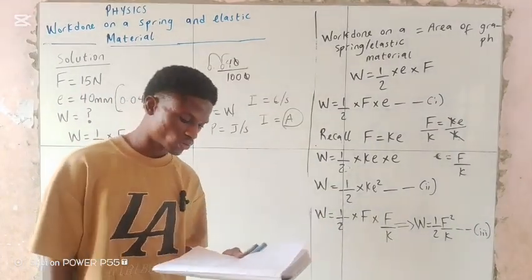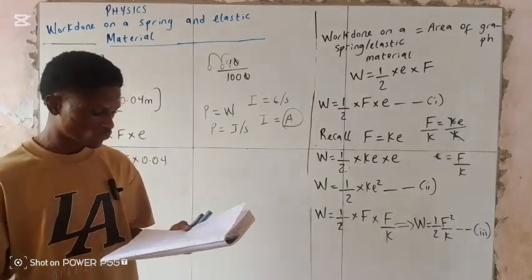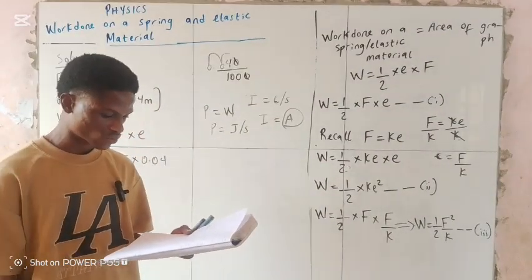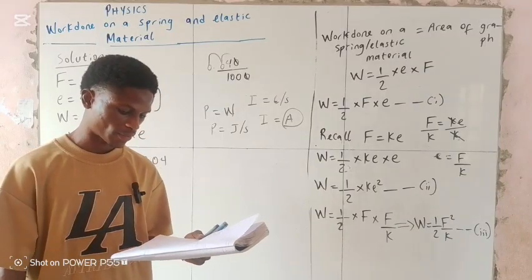Calculate the energy stored in the spring if the force constant is 400 Newton per meter.